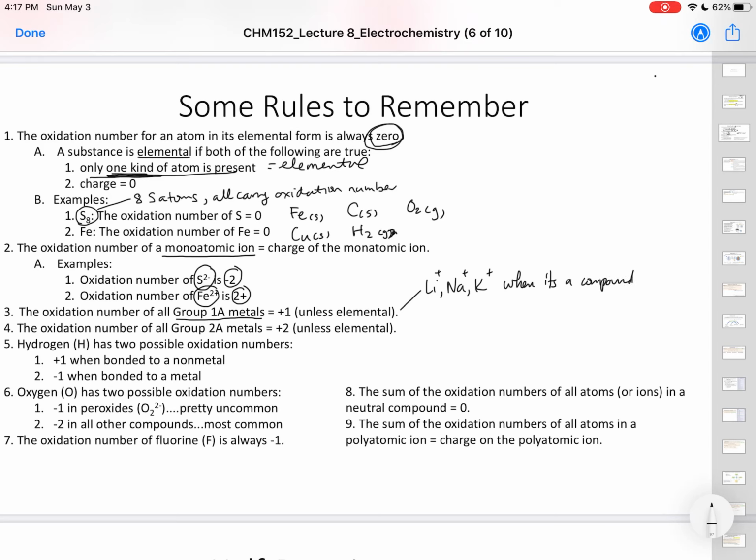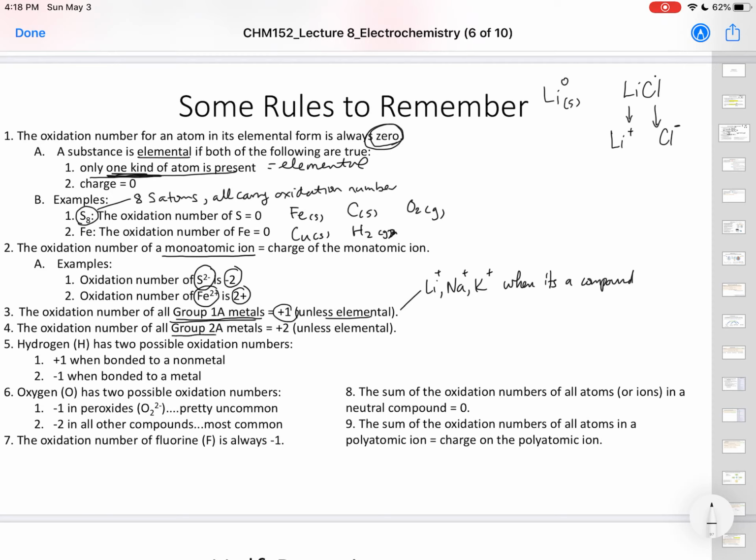Now, when it is elemental, remember, go back to rule number 1, it is neutral. So let's look at an example. Li solid, because it is not a compound, is Li neutral. But if you have LiCl in a compound, then the Li is positive because the Cl is negative. So when it is a group 1 metal, it is 1 plus, unless it's elemental.